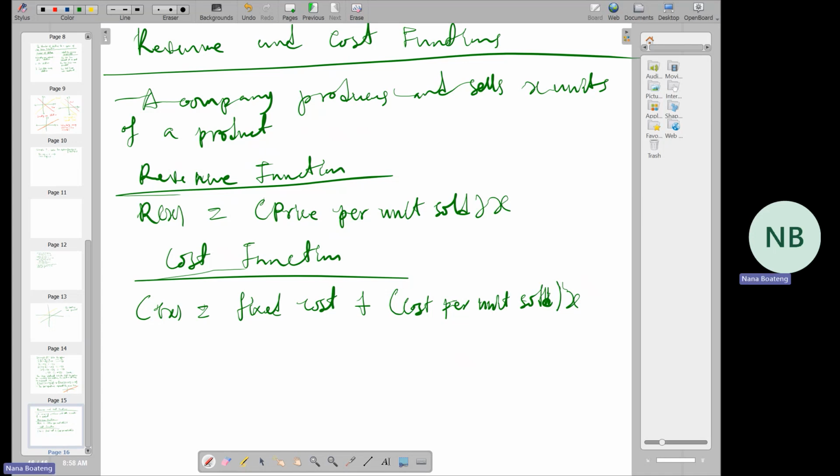And the point of intersection of the revenue and cost functions is called the break-even point.